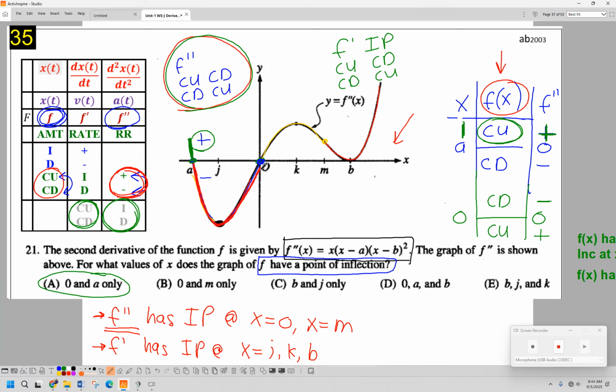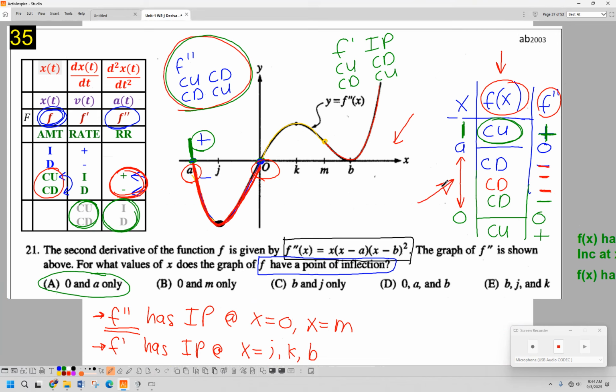That means from x equal a all the way to x equals 0, all the values of f double prime are negative, like what you see here. Good with that? That means on the unseen graph of f, we would see a shape that is only concave down. So if I could see the graph of f from x equal a to x equals 0, f would only be concave down in that space. That's what this table is telling you.